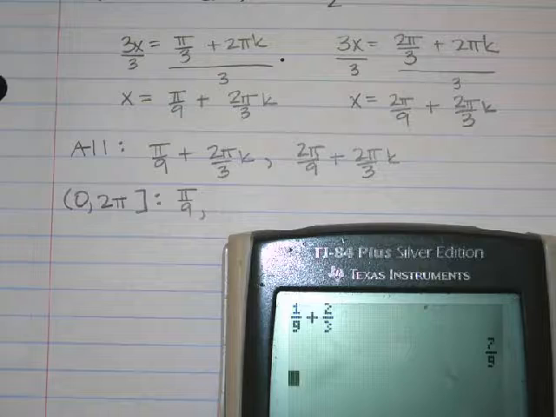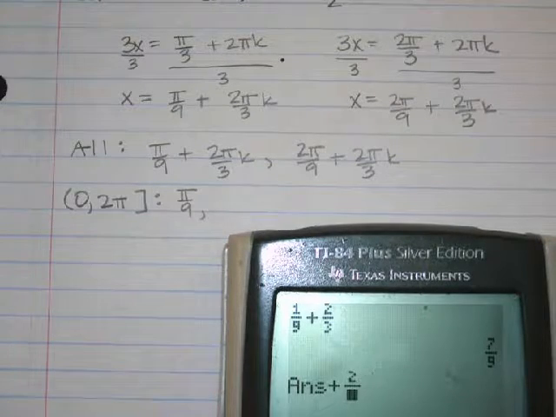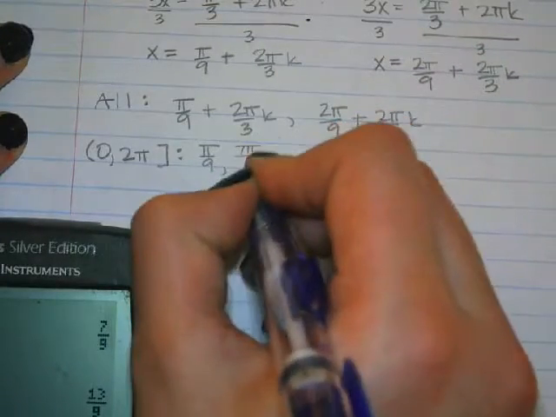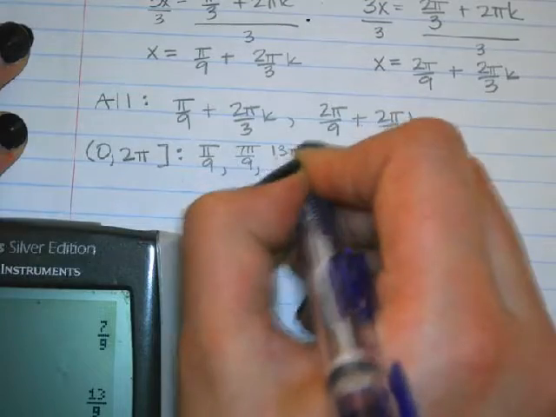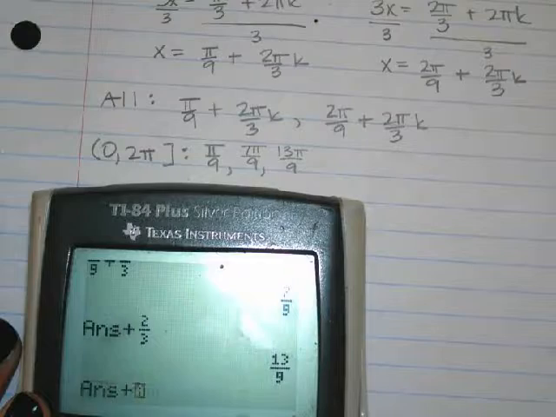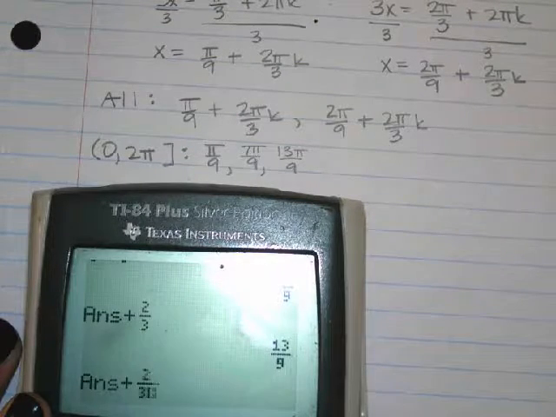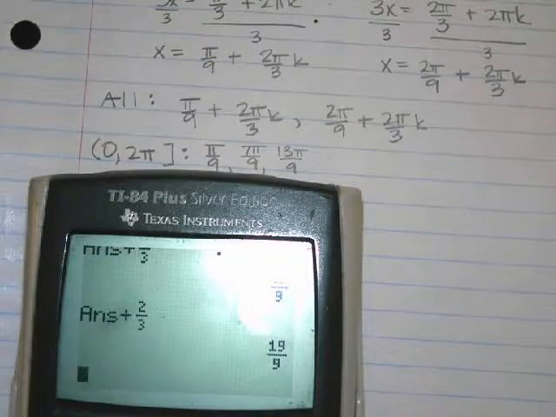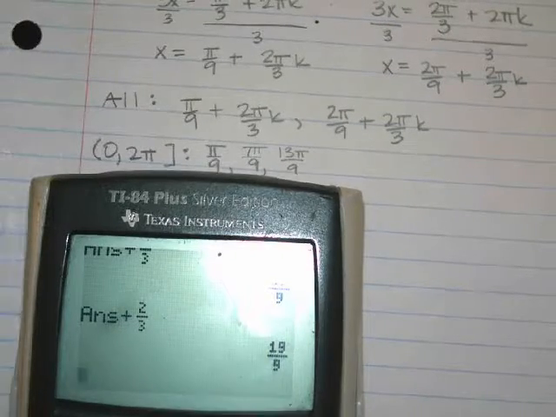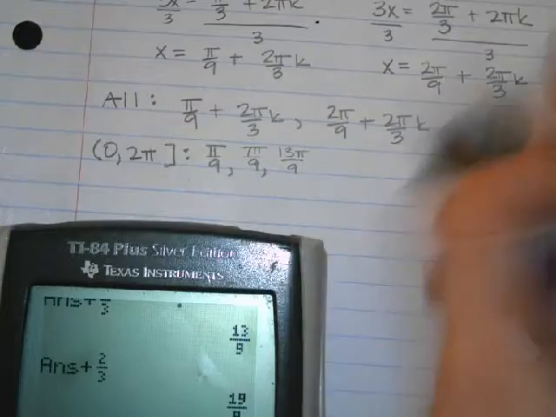Okay, so we have 7/9, we have 13/9. We'll add 2 thirds again. We have 19/9. 18 divided by 9 would be 2. And so 19/9 is too big to be in our interval. So we're done. Okay? Then I have to look at the other solution, and I have to start there.